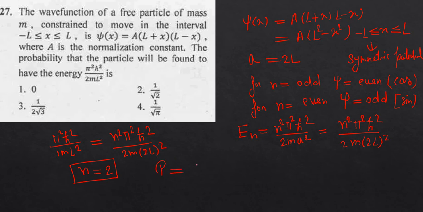Okay. What will be the probability now? Probability P will be equal to the overlap of psi 2 with psi 1 upon psi 1, because the wave function given to you is not normalized. So you have to normalize this function. Okay. Now what will be psi 2?